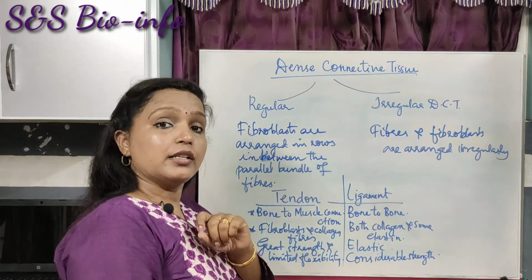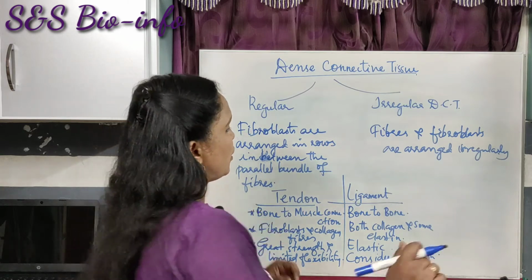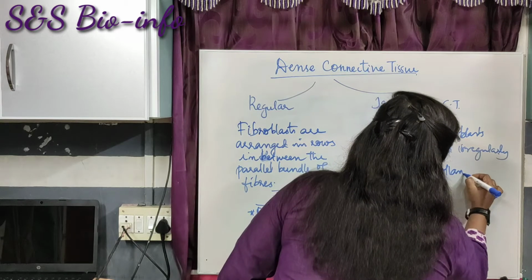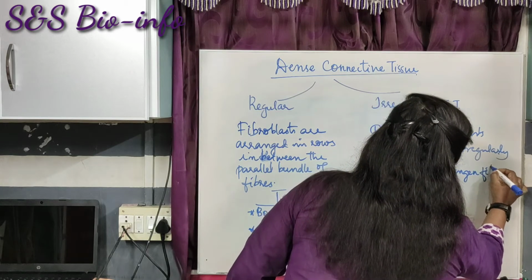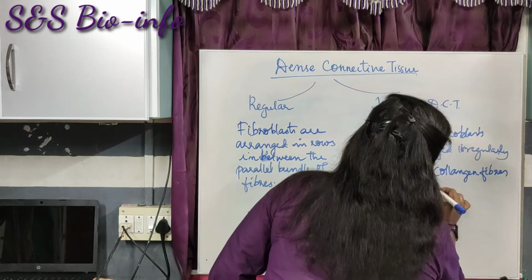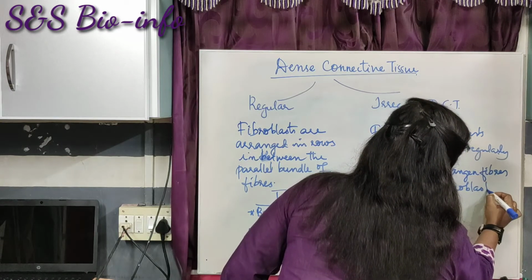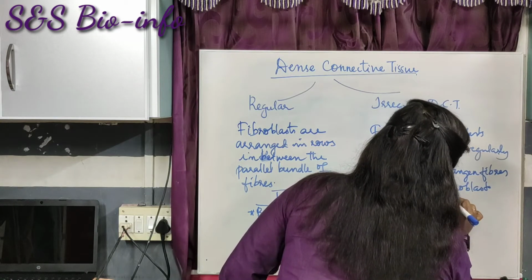The irregular dense connective tissue is composed of collagen fibers, fibroblasts and matrix.